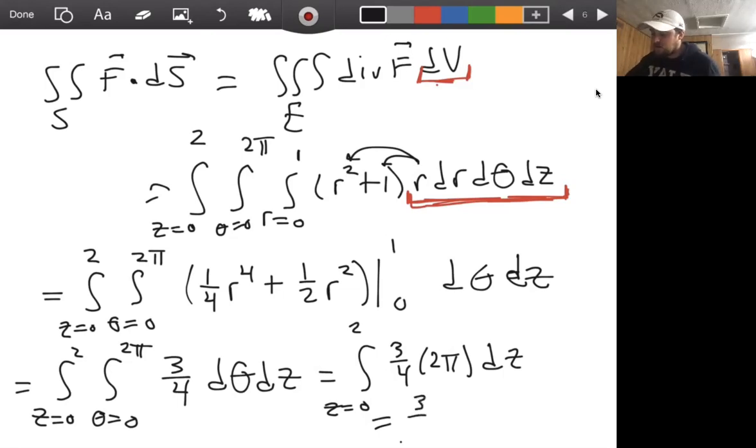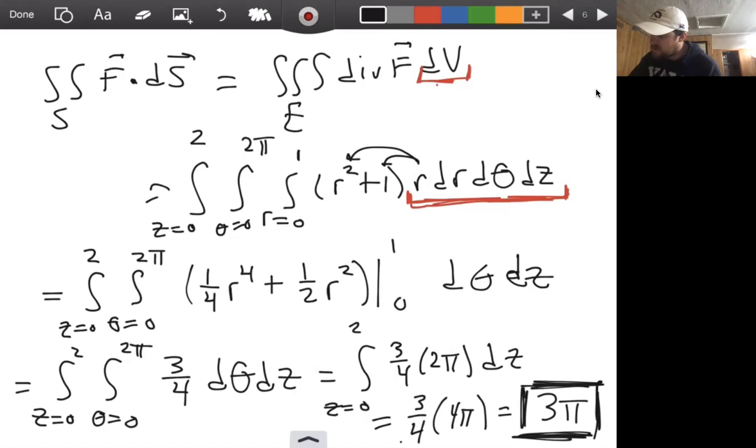Now we're going to integrate with respect to z, and integrating with respect to z would be all of this constant here times z evaluated at 2 and 0. If we plug in z equals 2, we'll just take this whole quantity times 2, which means we would have 3/4 times 4 pi, which simplifies to 3 pi.